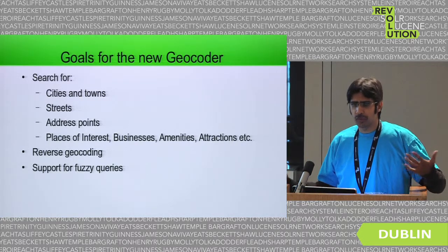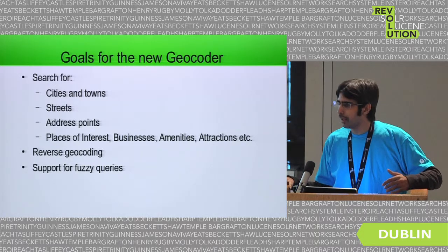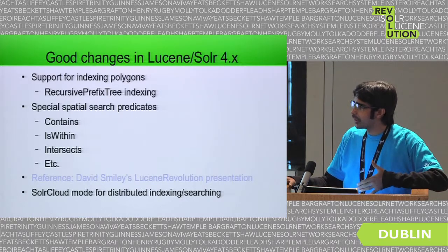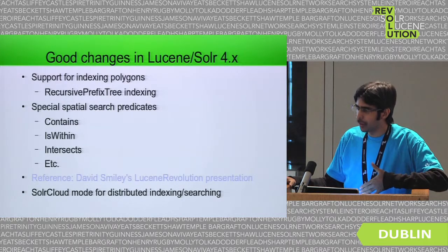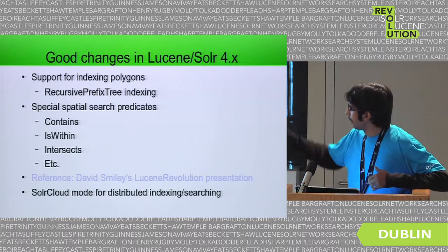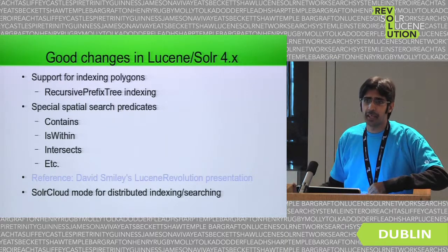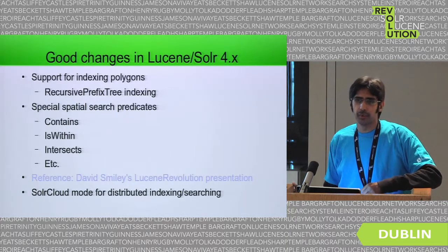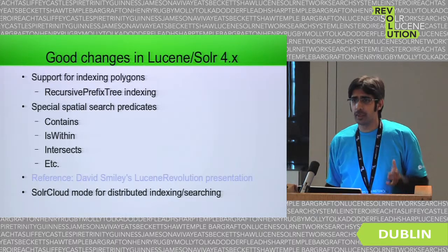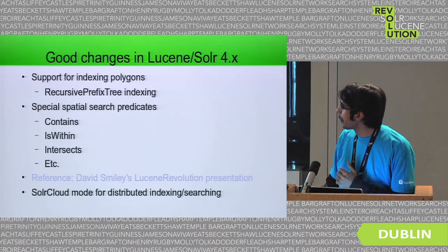So how did we come to this? Why did we not build a geocoder like Nominatim right up front? Well, there were a couple of things which recent changes in Solr and Lucene have brought in, which have made this possible. The most important is the improved spatial support, thanks to David Smiley and others who have worked on it. For reference, David Smiley's Lucene Revolution talk earlier this year is linked.